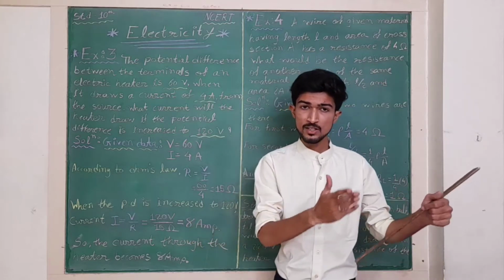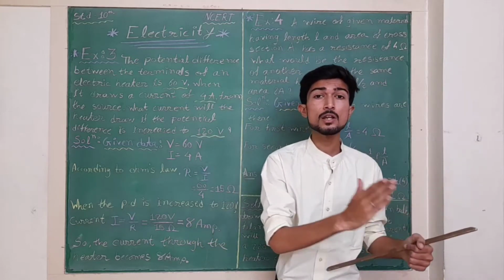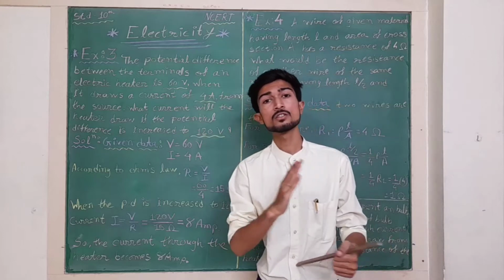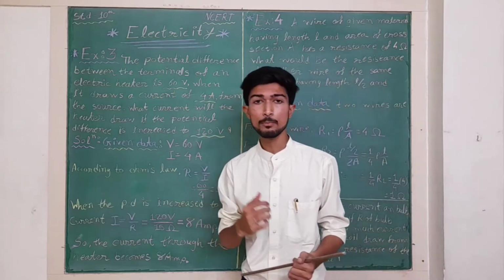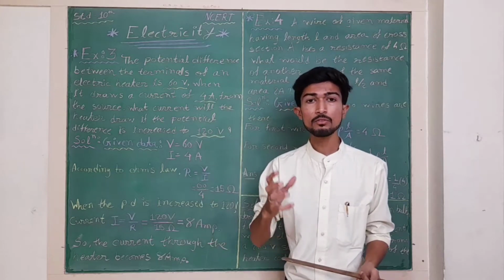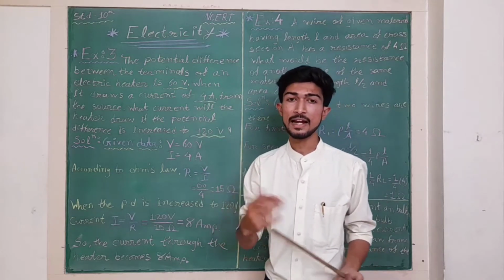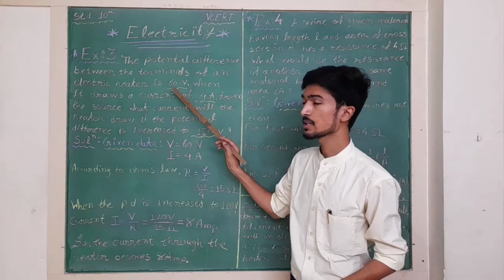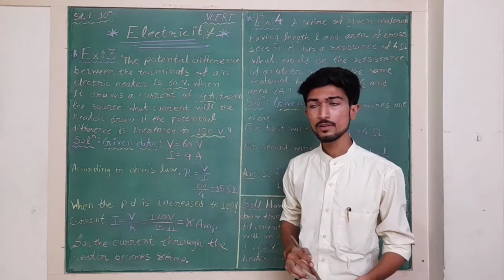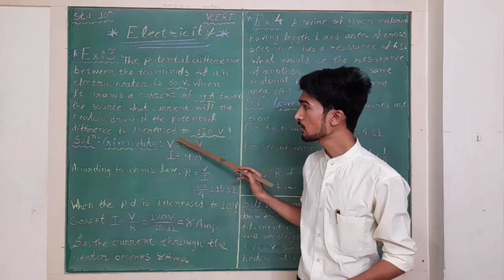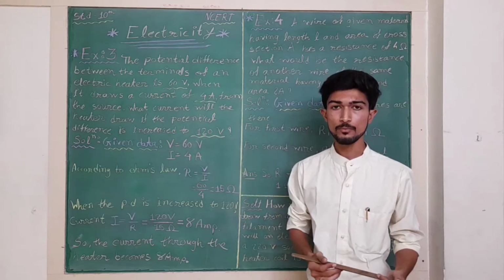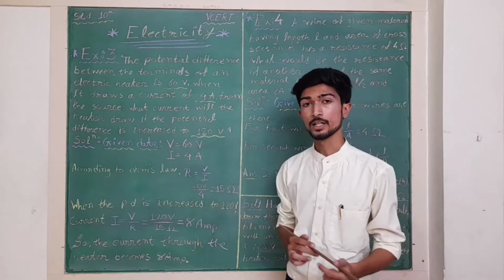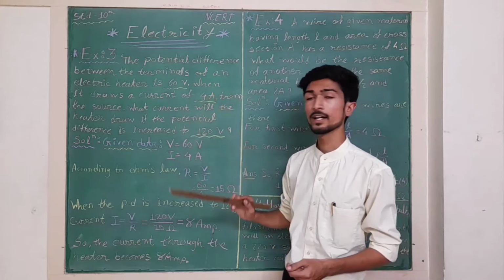In the first case, there was a potential difference of 60 volt, and the current we got was 4 ampere. But if I want to double the potential difference, then what will be the current for the second case? So in the first case, there was 60 volt potential difference. Now if I want to increase the potential difference to 120 volt, what will be the current? Okay, so this is the given data.